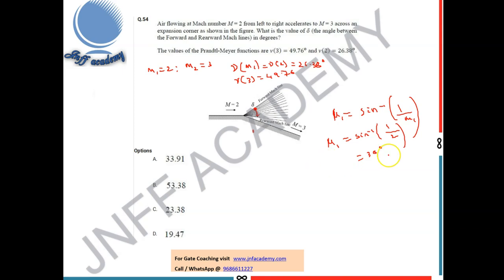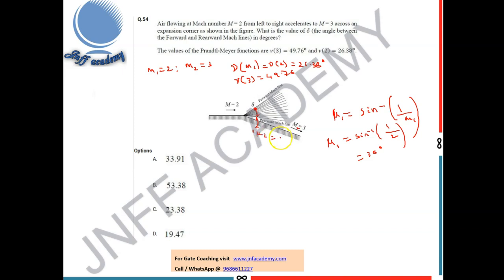Similarly, let's calculate mu2 now. Mu2 is again the angle between the direction of flow of M2 and the rearward Mach line. This is the forward Mach line, and the rearward Mach line. So basically this small angle is mu2.